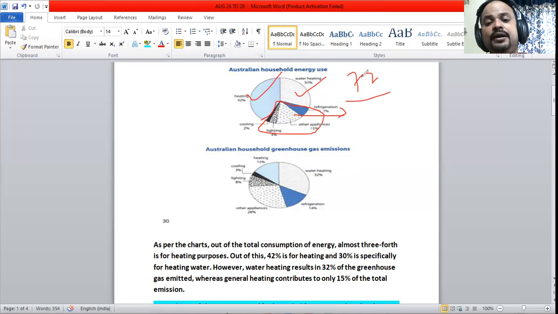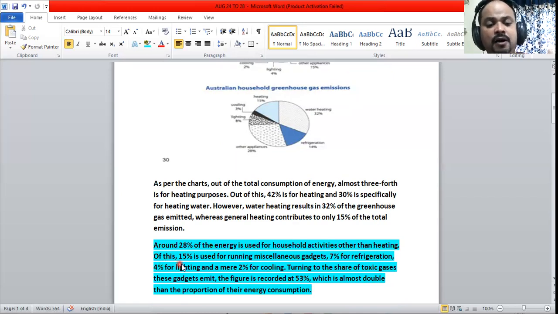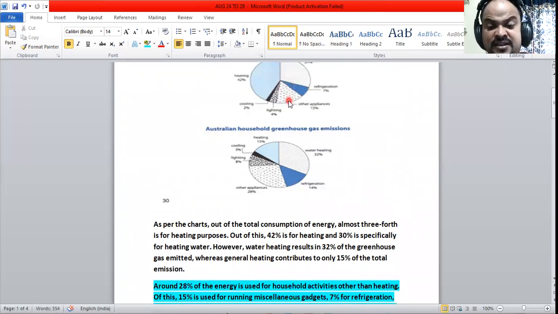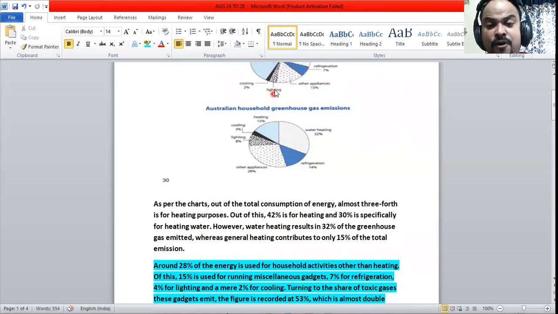Out of 100, minus 72, it's 28%. Of this, 15% is used for running miscellaneous gadgets, 7% for refrigeration, 4% for lighting, and a mere 2% for cooling.